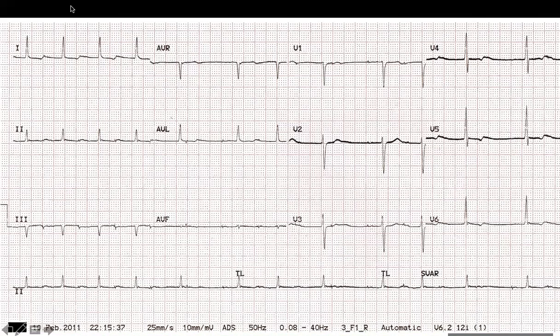Then there is late conduction, as in Wenckebach. Okay, so you're doing good. Then the next beat is conducted with a shorter PR, which seems like the Wenckebach phenomenon, the previous one.